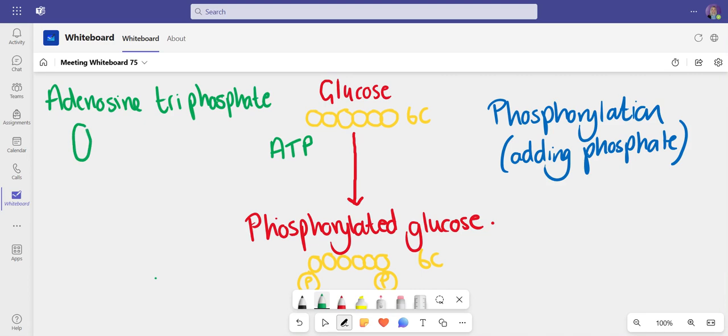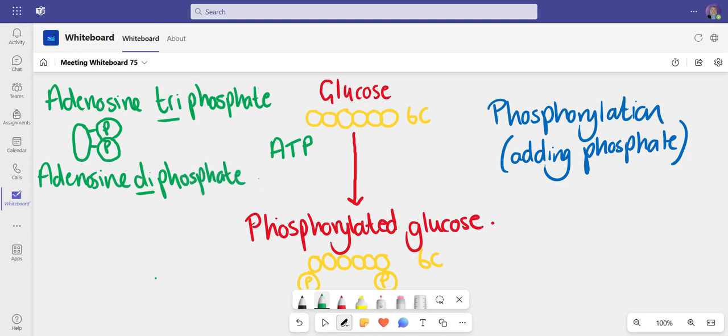We could simplify it and draw adenosine triphosphate like this, a molecule with 3 phosphates attached onto it. If one of those phosphates is removed and I'm just left with 2 phosphates, it's now become a molecule called adenosine diphosphate. Di means 2, so it did have 3 phosphates and now it's got 2.